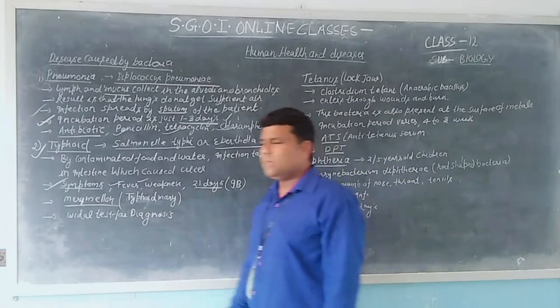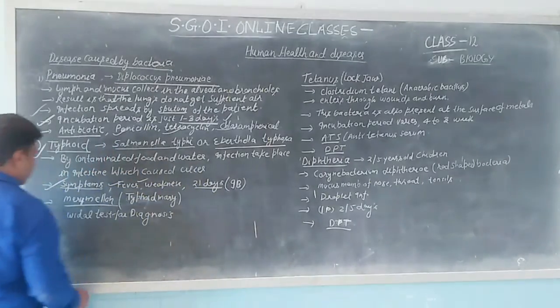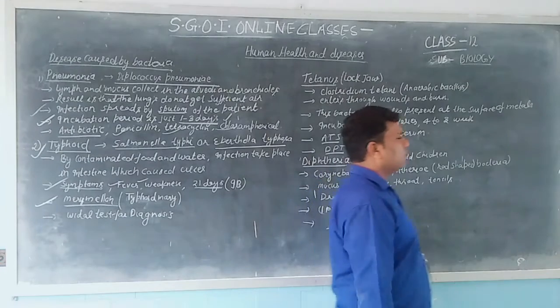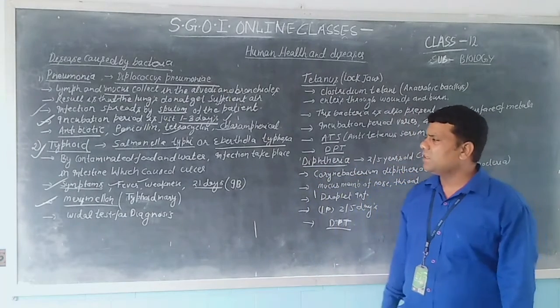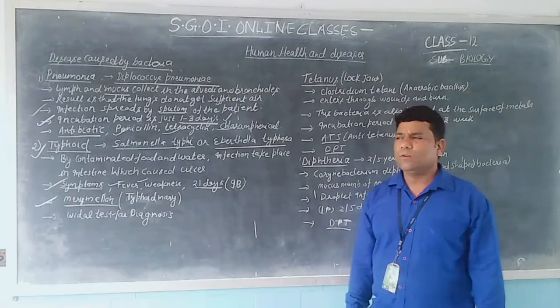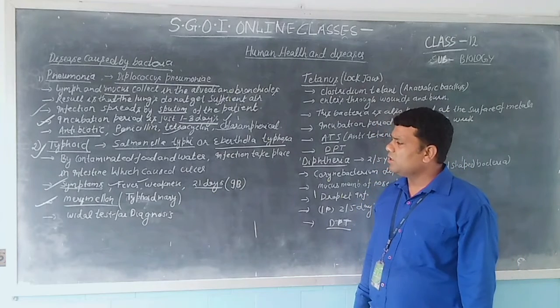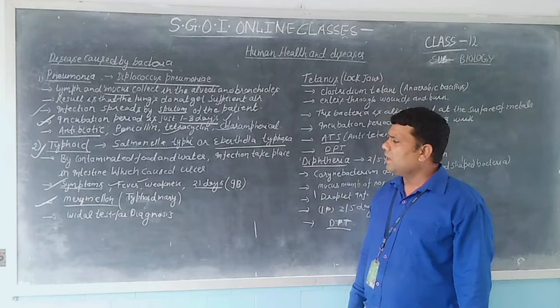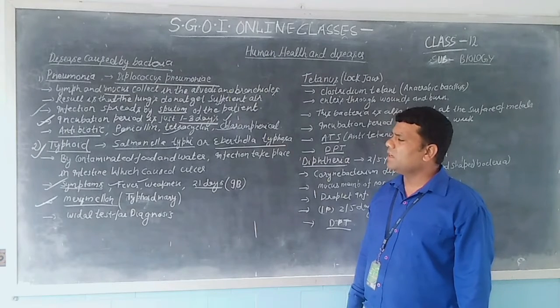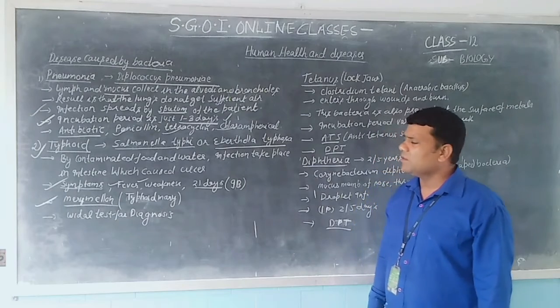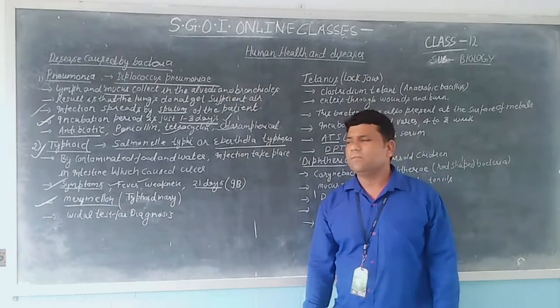One name is also associated with this disease: Mary Mallon. Mary Mallon was a cook on a ship in America, in a hotel. She was one of the first carriers of typhoid, and from her this disease spread all over the world.